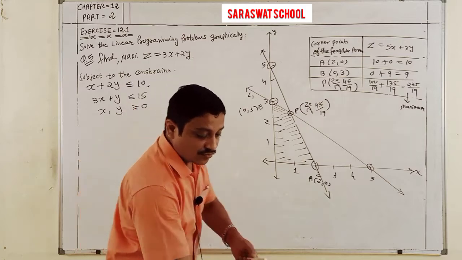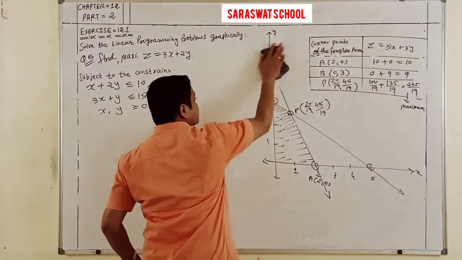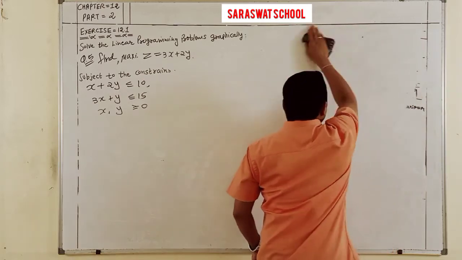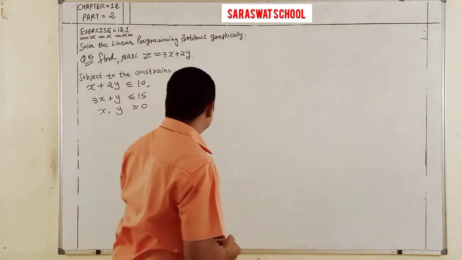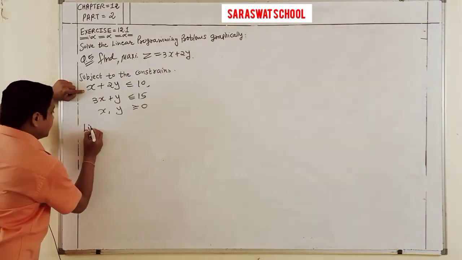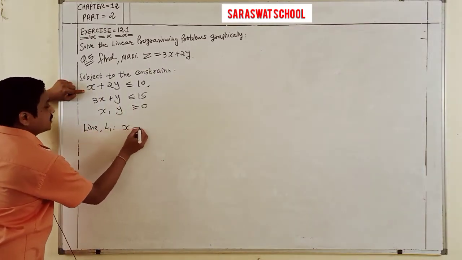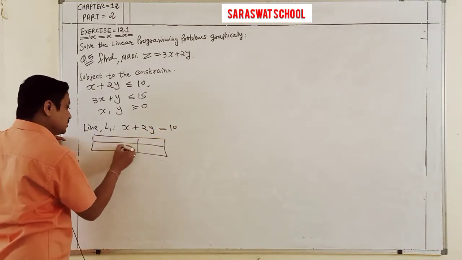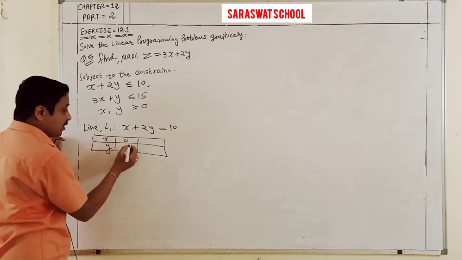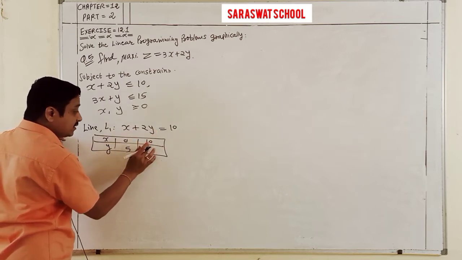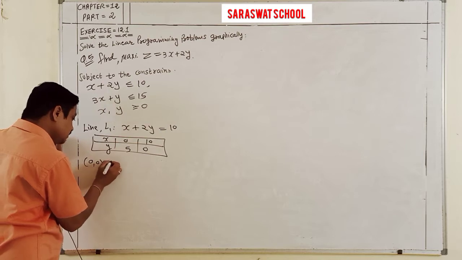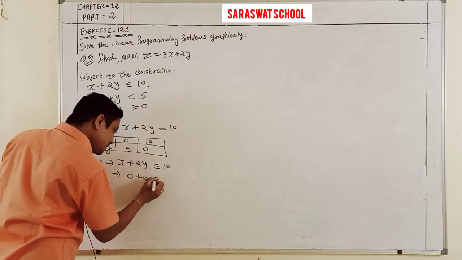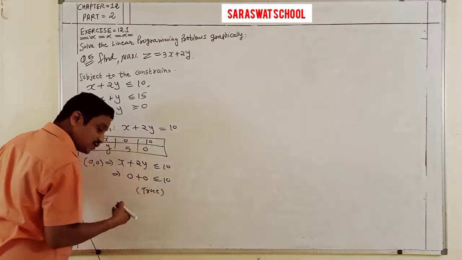Very easy, students. First of all, I will plot my graph, and before the graph I will decide the points. So here take the L1 line, x + 2y = 10, and go simply: x = 0, y = 5; y = 0, x = 10; and check the (0, 0) values. x + 2y ≤ 10: at (0, 0), 0 ≤ 10, which is true.